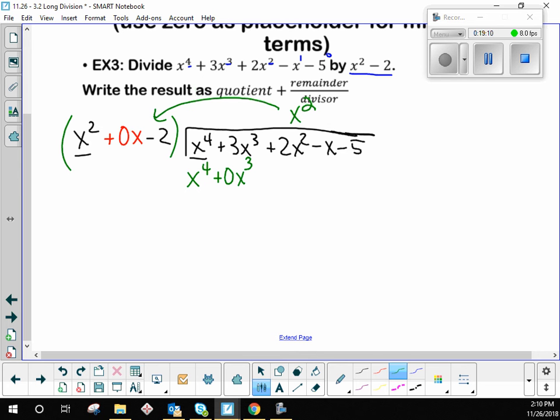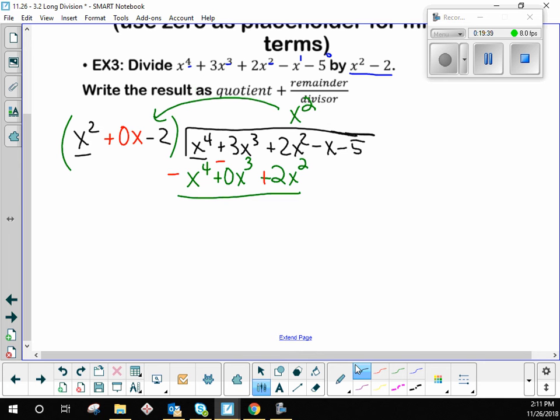You could just skip over to the next thing, just empty space. But I'll do it as a placeholder just for those students who it helps. And then x squared times negative 2 is negative 2x squared. So I subtract that off by changing all of their signs, all three of them, just for consistency's sake. And then you add vertically.